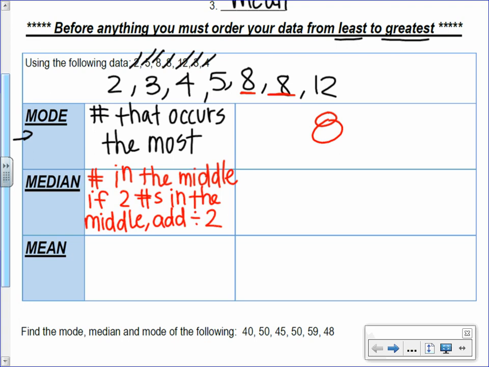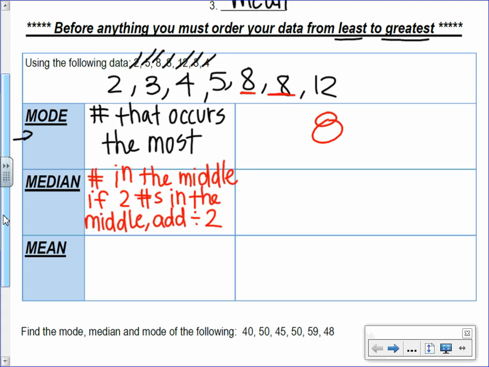So basically you would do 5 plus 6 and get 11, and then do 11 divided by 2 and get 5.5. You're basically trying to find that number in between those two numbers. So if there's two numbers in the middle, you're going to add them and then divide by 2. And that will happen more than you think. But if not, you're just finding the number in the middle.